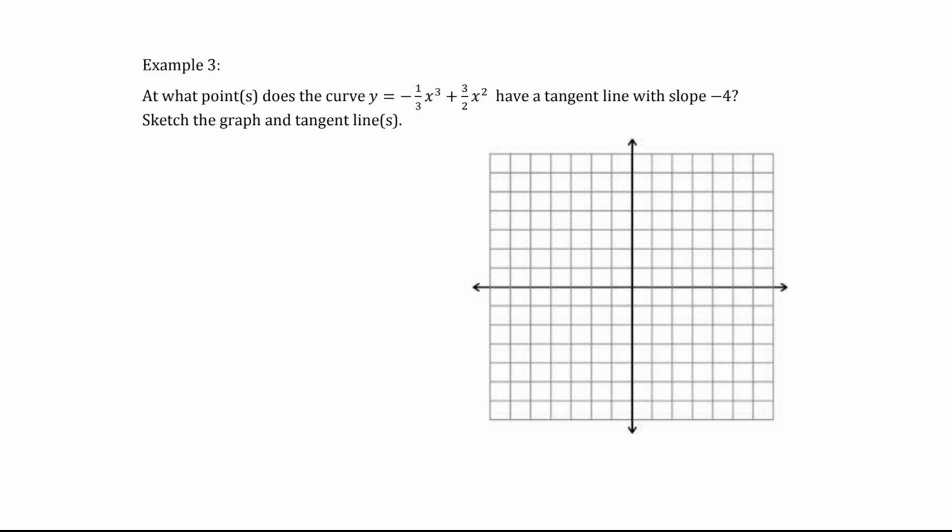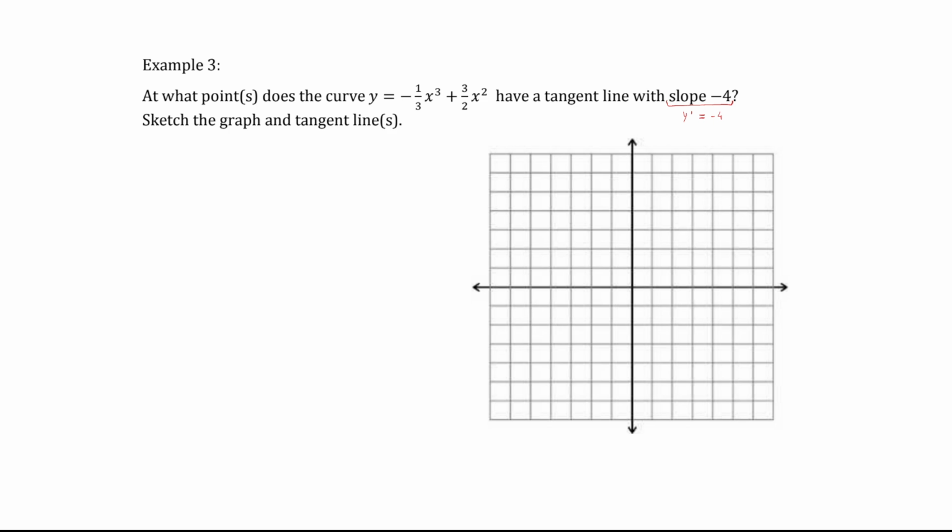So here again, we are given some information that we cannot overlook. Here again, we have that the slope, or the derivative, is going to be equal to -4 at a certain point.